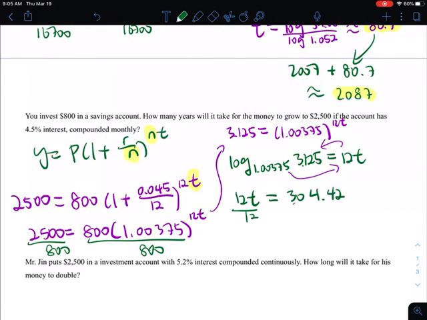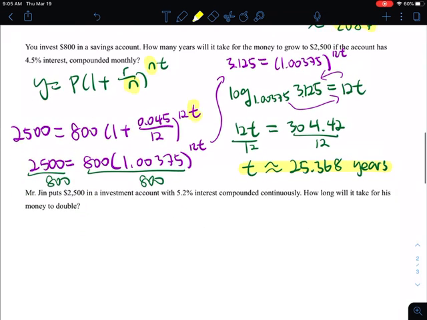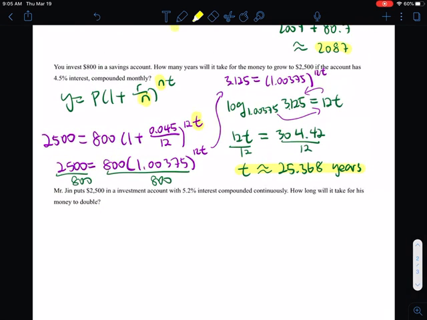And then to get t by itself, let's go ahead and divide by 12. So t is going to be about 25.368. And with compound interest, we're always going to be working in years. So there it is, approximately 25.3 years.